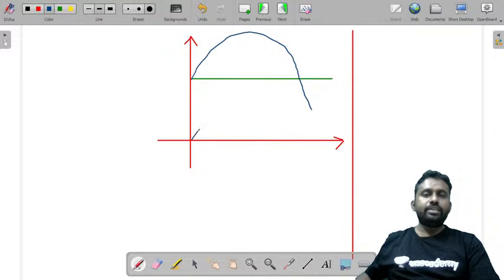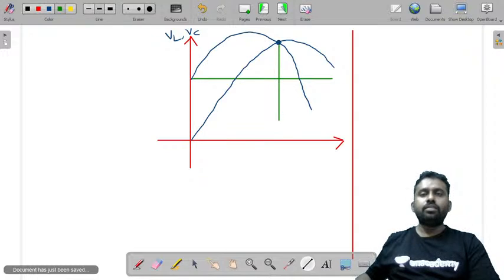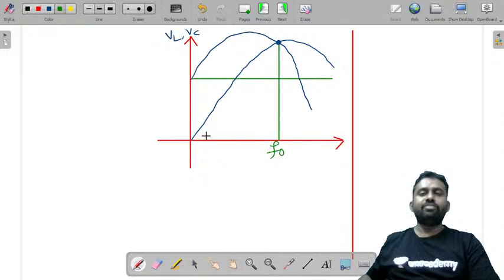And if you draw voltage across the inductor, it would be something like this if you are varying the frequency. And this point of intersection of voltage across the inductor and voltage across the capacitor is the resonant frequency.